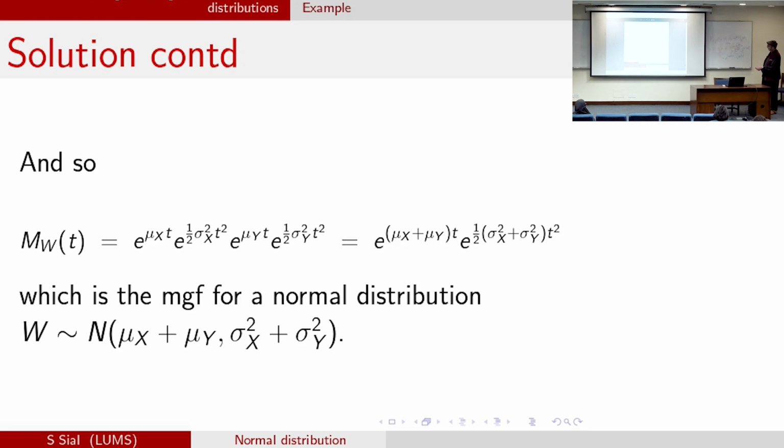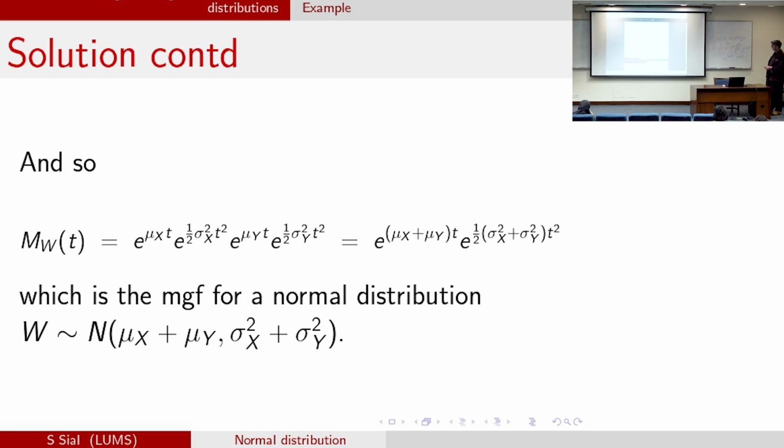And what does this look like? Well, this form reminds me of the form for the MGF of a normal random variable. Except now, I would expect e to the expectation times t. So that new normal random variable has expectation mu x plus mu y. And here I would expect e to the 1/2 variance times t squared.